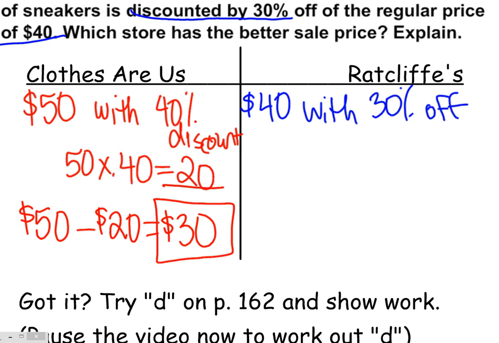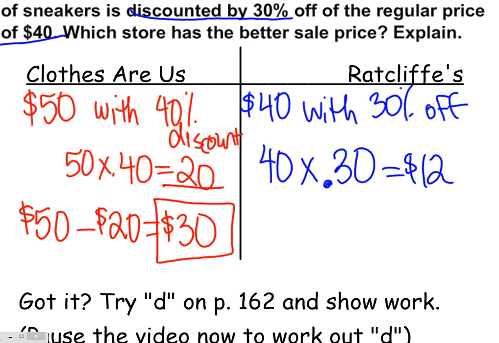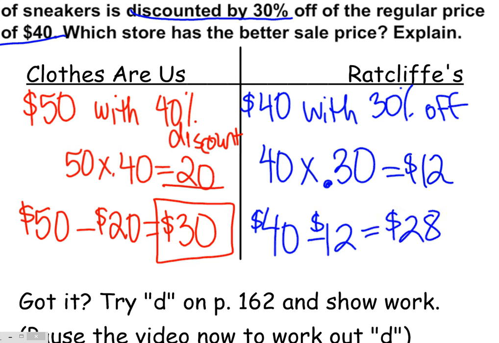Now let's go to Ratcliffe's. Ratcliffe's has $40 for the shoes times 0.30. Well, I know I'm going to use mental math this time. 10% of 40 is 4. Multiply that times 3 for 30%, and you get a discount of $12. So $40 minus $12 equals $28.